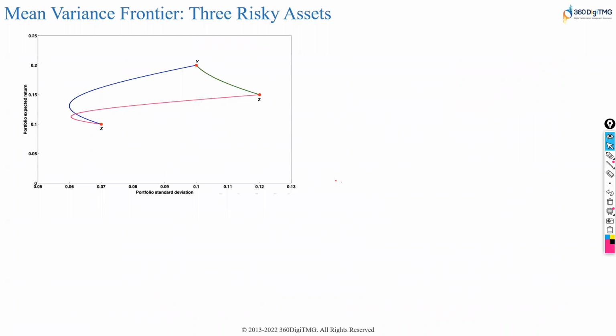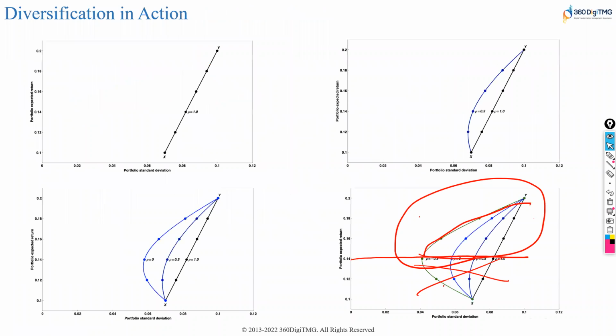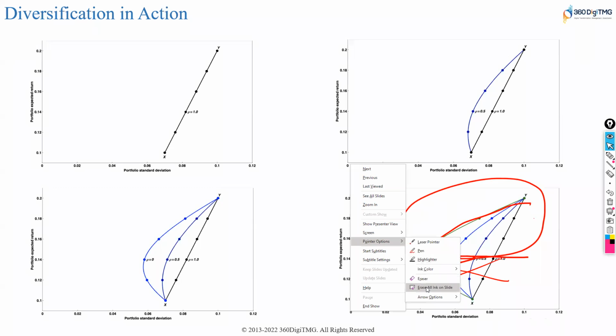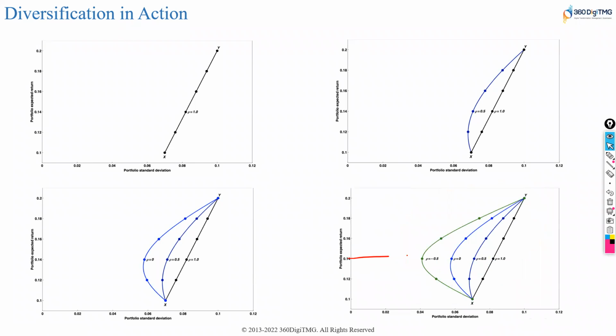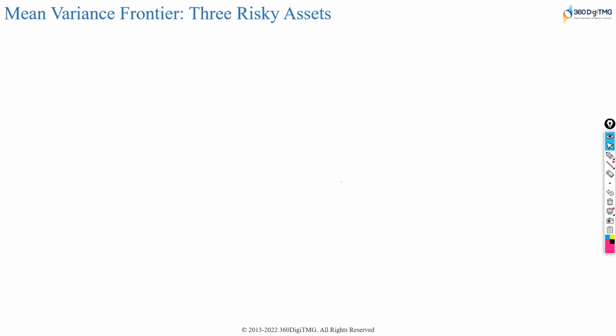All right. Now let me explain this. And this curve that we all are interested in is only the portion which is here. That curve is called the efficient frontier. That curve is given a name called the efficient frontier.